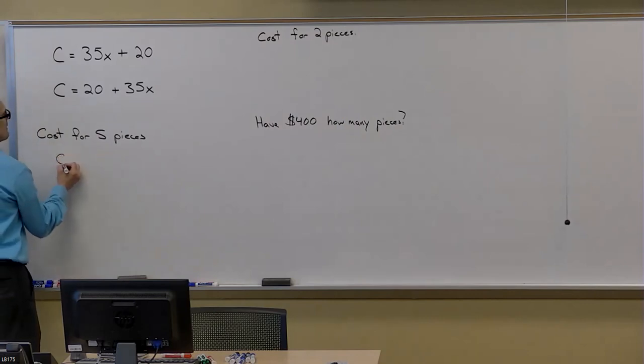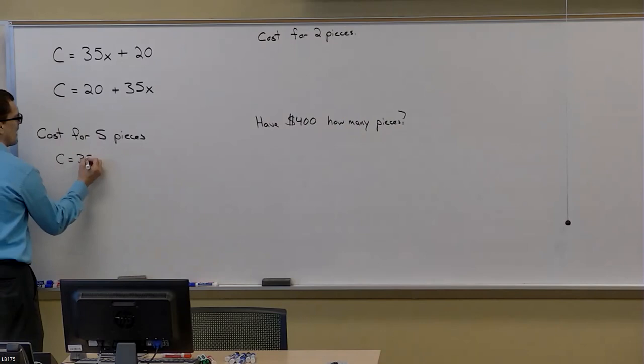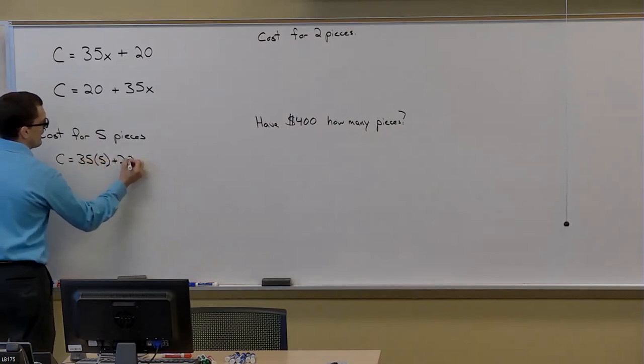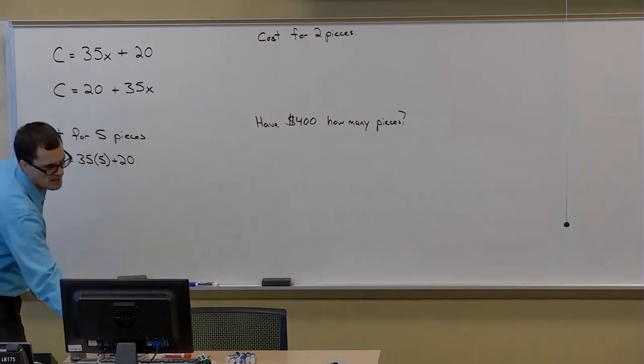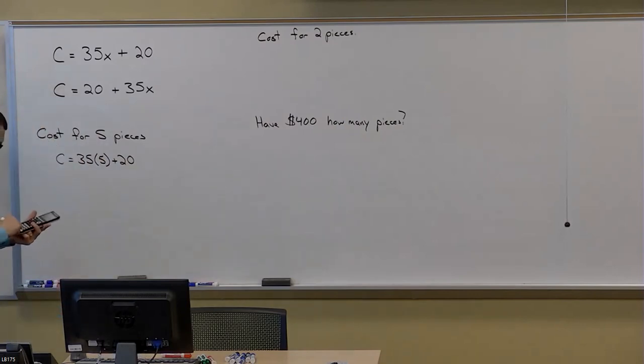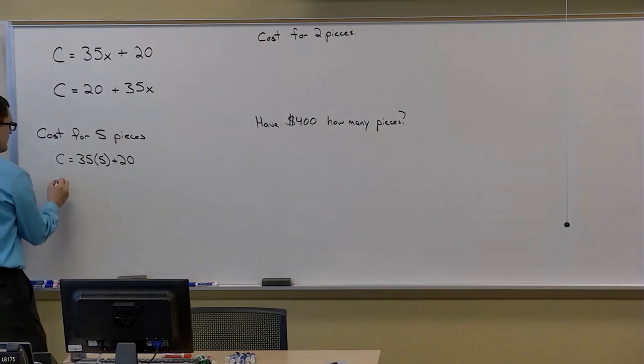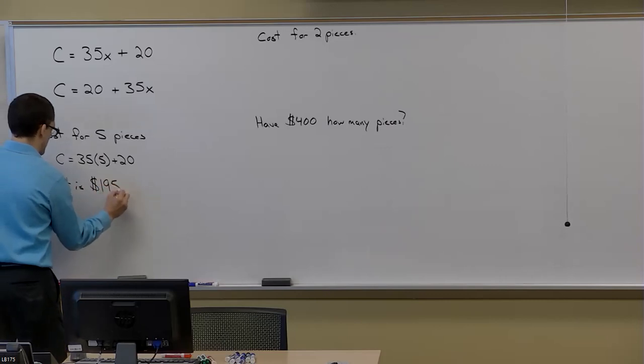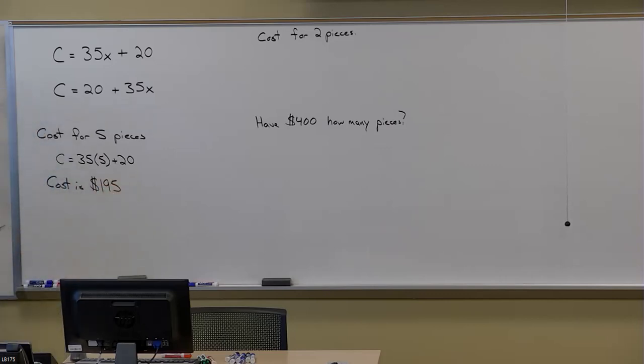I'll use the top one. 35 times 5 plus 20. Pick up my calculator, type that in. I got 195. So the cost is $195 to pick up 5 pieces of furniture.